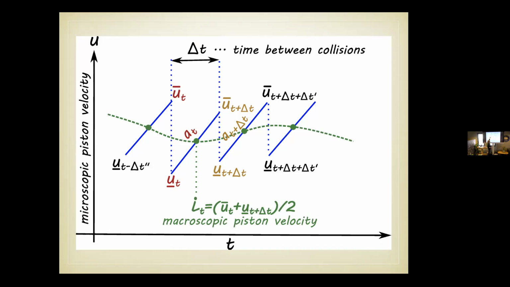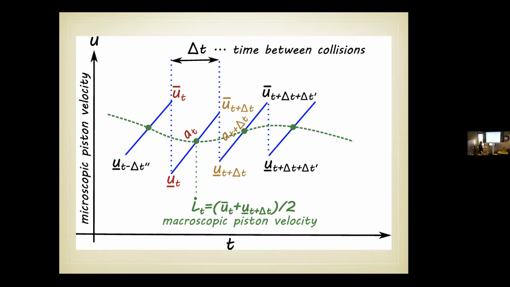Then a particle hits due to the collision, and the velocity of the piston is instantly made smaller. Again, we can accelerate between particle collisions. So the velocity of the piston at the micro level will somehow look like this.